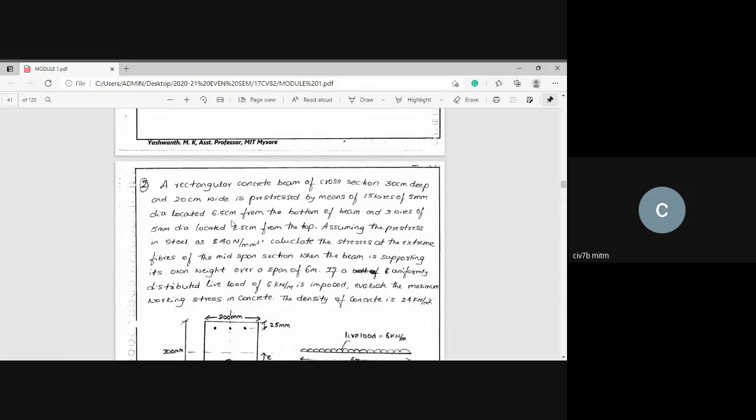located 6.5 centimeter from the bottom and 3 wires of 5 mm dia located 2.5 centimeter from the top.